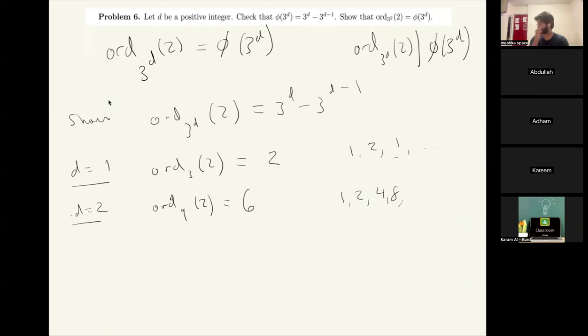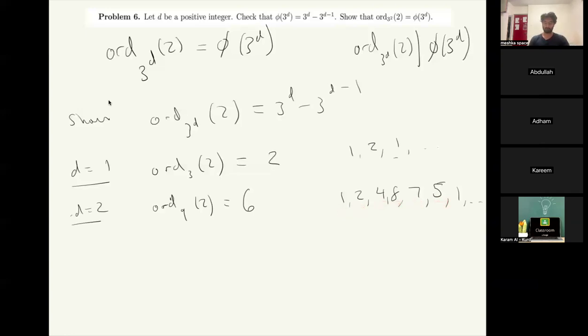And what is 16 modulo 9? We can reduce it to 7. Then 7 times 2 is 14, which we can reduce to 5. And then 5 times 2 is 10, which you can reduce to 1. So it repeats. And so we see 1, 2, 3, 4, 5, 6. So the order is 6.